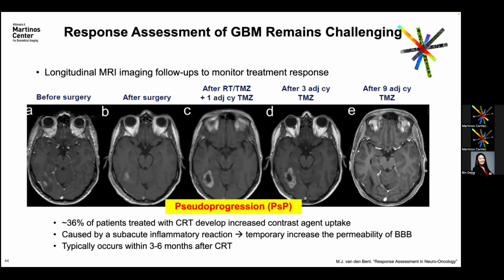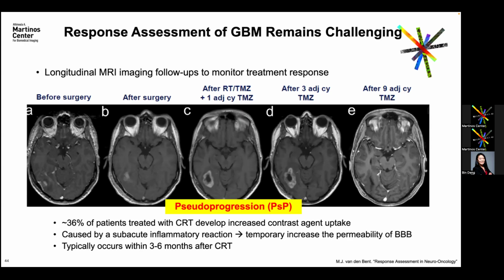So this is a typical case we call pseudo-progression. About 36% of patients who received the chemoradiation therapy developed this kind of situation. So basically, it shows contrast enhancement, which is caused by temporary breakdown of the blood-brain barrier due to the radiation, and it doesn't need intervention. They can recover by themselves later.